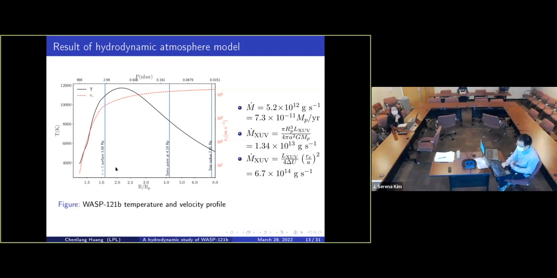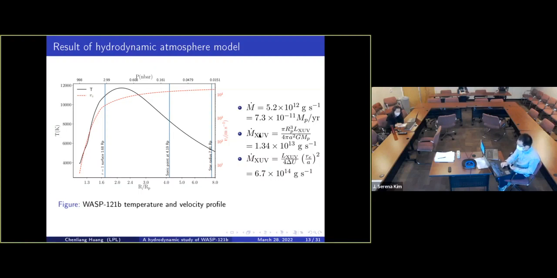We also mark the sonic point where the outflow velocity equals the adiabatic sonic velocity, and the star radius here. Using this outflow velocity and the number density, we can calculate a mass loss rate. It gives about 5 times 10 to the 12 grams per second. That converts to 7 times 10 to the minus 11 planet masses per year.